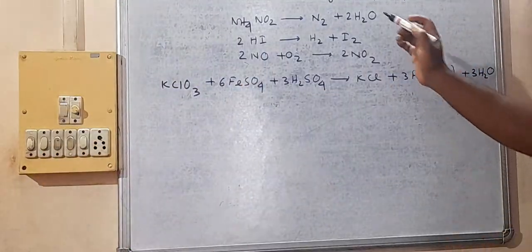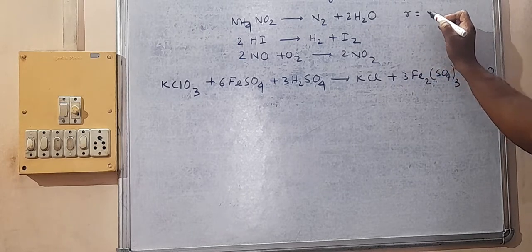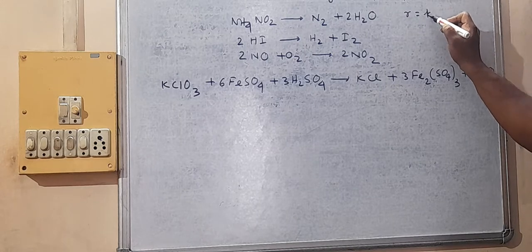On doing experiment to find the rate law, it is said that the rate law is for this reaction. After we perform the experiment, it comes out to be like this.